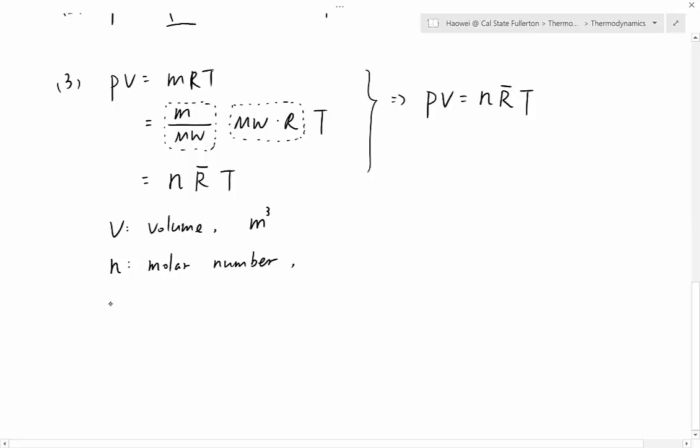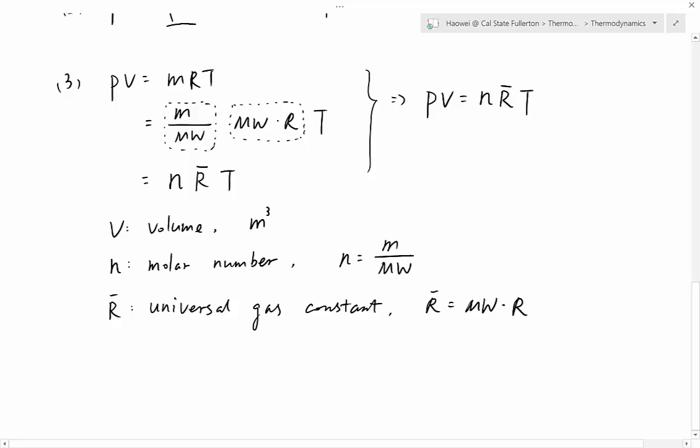And the R bar in this equation stands for universal gas constant. And R bar is equal to molecular weight multiplied by R, and the molar number N is equal to mass over molecular weight.